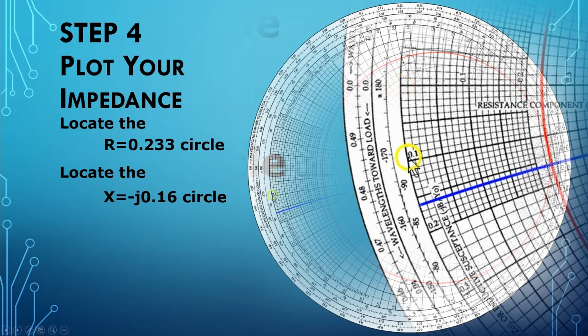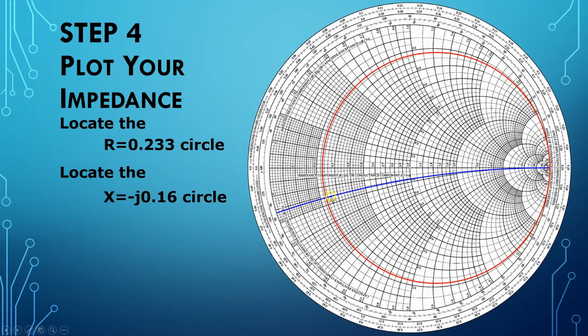We have 0, we have 0.1, 0.2, 0.11, 12, 13, 14, 15, 16. So this pretty blue line here is the minus J 0.16 line. Next, we place a dot where the real and the imaginary, the resistive and the reactive cross. That is our impedance.